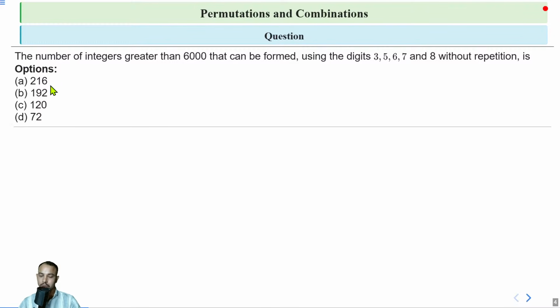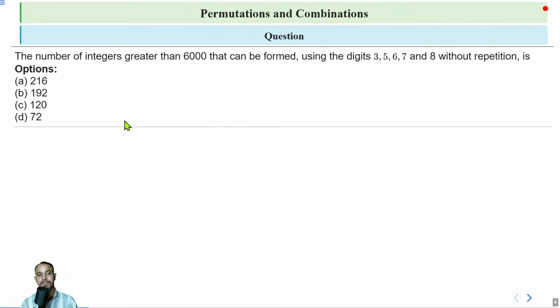Here we have four options. Among these four options, you have to find which option is correct. So first of all, try it by yourself, and after that see the solution. Clear? Everyone try it.